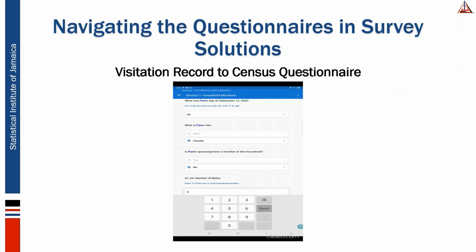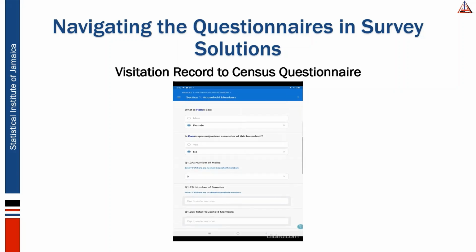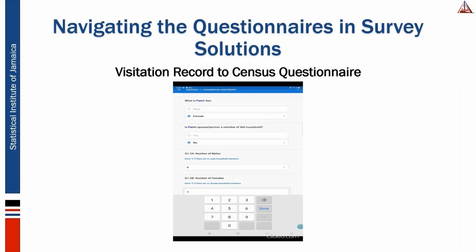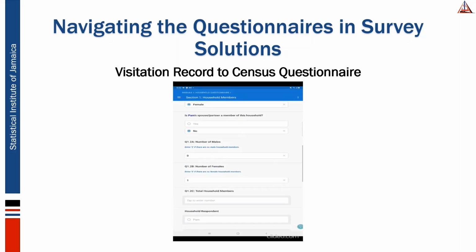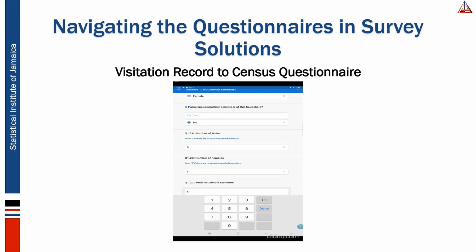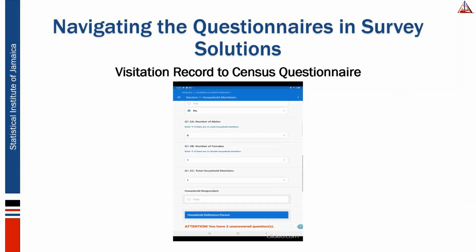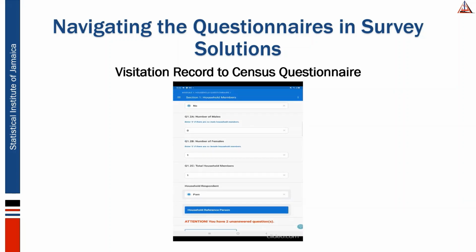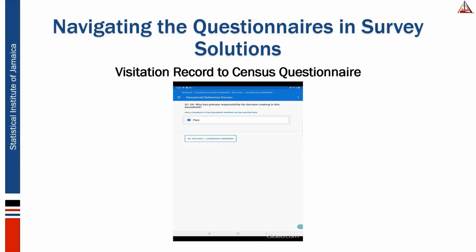We must also pay attention to the instructions to the census taker, which are provided in blue. You also see here how many unanswered questions are there per section. And now the section has become green, which indicates that it has been successfully completed.